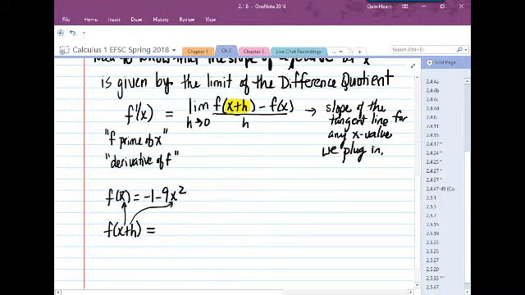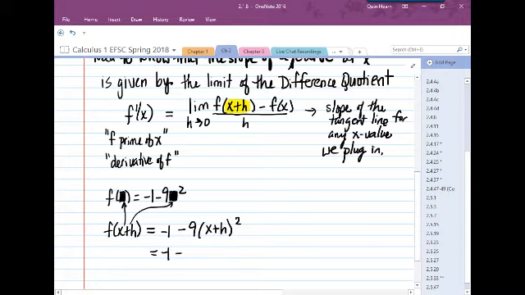Just think of this x in the original function as a little box, and you're just plugging into that box. So we're going to have -1 minus 9 times, instead of the box, x plus h squared. Another area where people have trouble is simplifying this. So before we actually plug it into that big formula with the limit, let's just work with this.